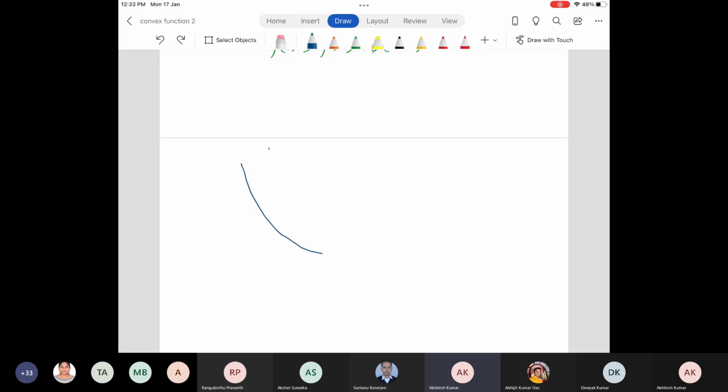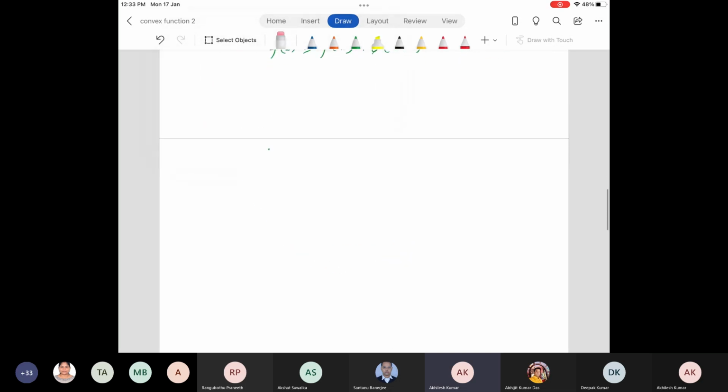So suppose I have a function like this. Pencil is behaving weird and I'm not able to draw.